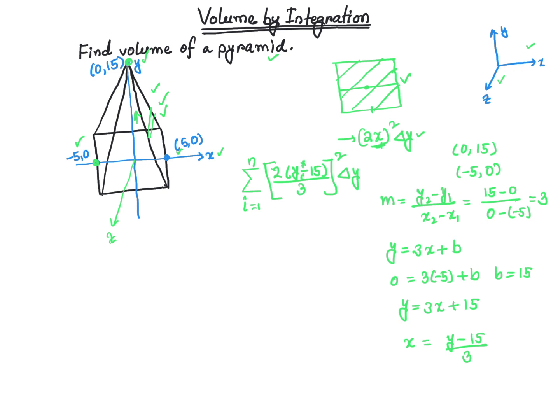And then to find the exact volume, I'm going to have to take the limit of this thing as n approaches infinity, which is going to give me the exact volume, which, by the way, is going to be the integral, y goes from 0 to 15, right? Then 2 times y minus 15 divided by 3, all of it squared dy.